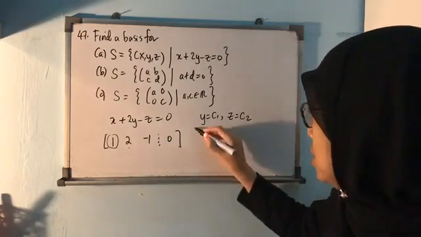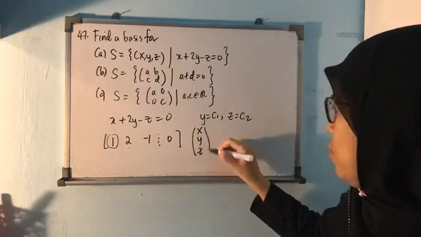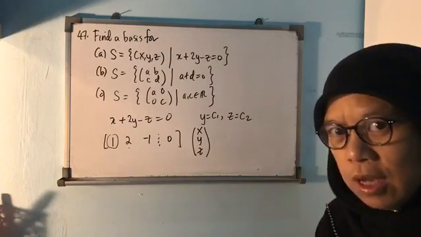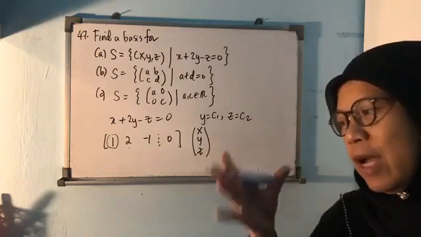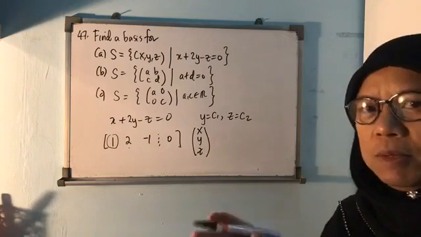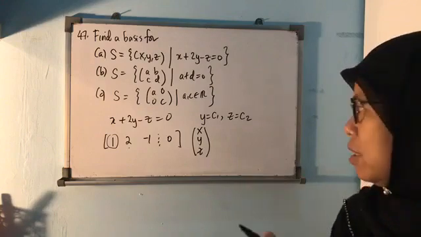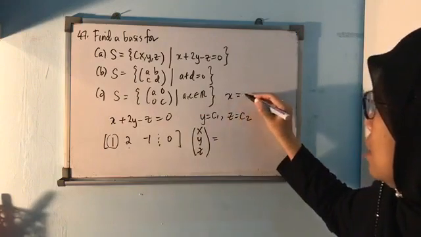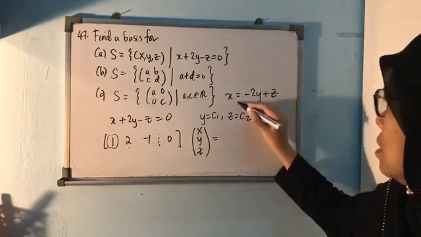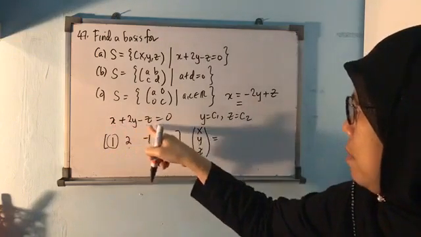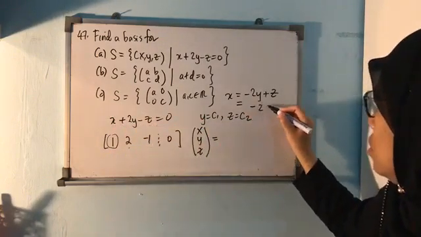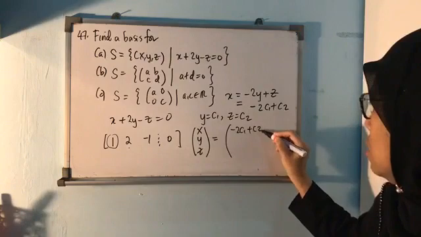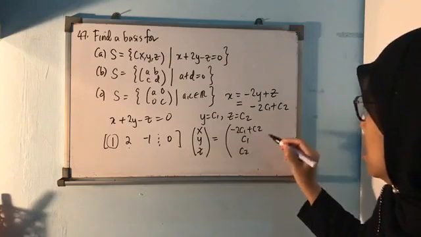So when you write your answer x, y, z, if you remember when I was mentioning this for chapter 2, I said in chapter 3 we will write this way with the free variable because we will take the vectors as the basis. This is why. Okay, so x is negative 2y plus z, right? So it's negative 2 C1 plus C2, y is C1, z is C2.